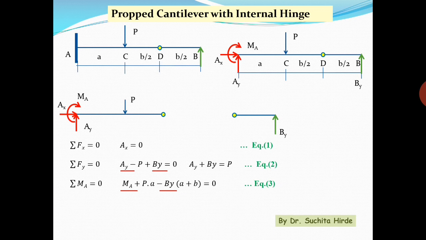So whenever we separate or cut the beam, we have to put 3 reactions at that point. But in this case, at D there is a hinge, and at a hinge there is no resistance to rotation, and therefore here we cannot show the rotational force. So here we will show only 2 forces, that is vertical force and horizontal force, no moment.